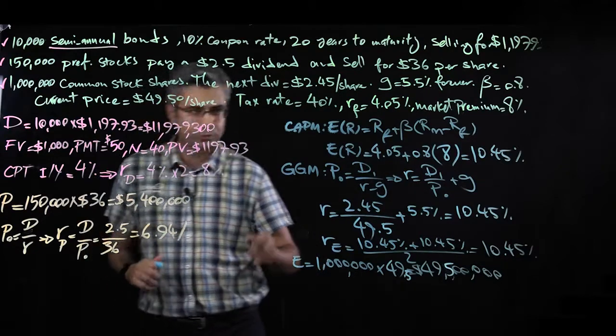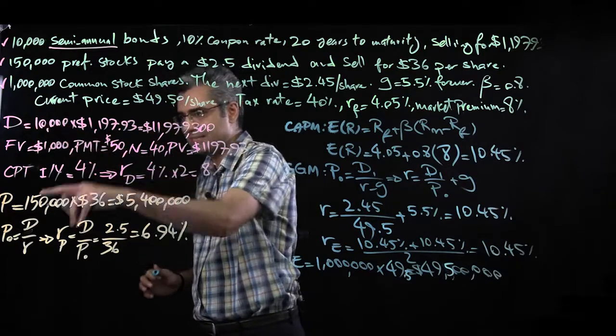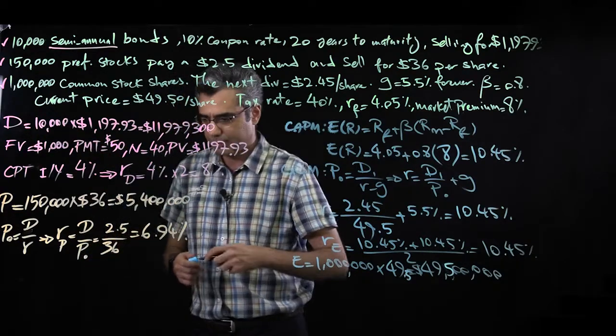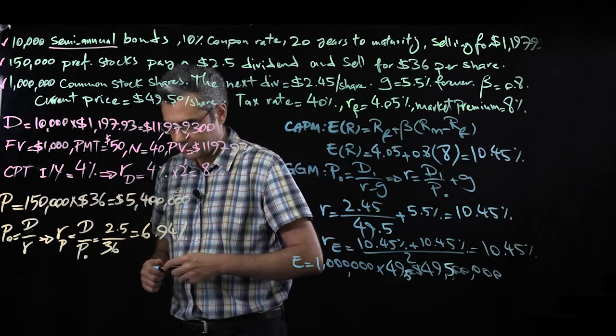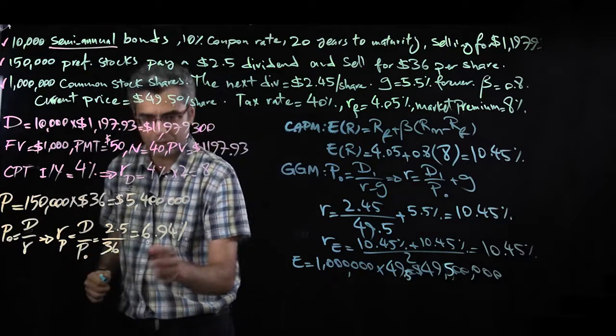To compute WACC, you need to compute the weight of each. You already have the sizes D, P, and E. You need to compute the total. Let me write the total.